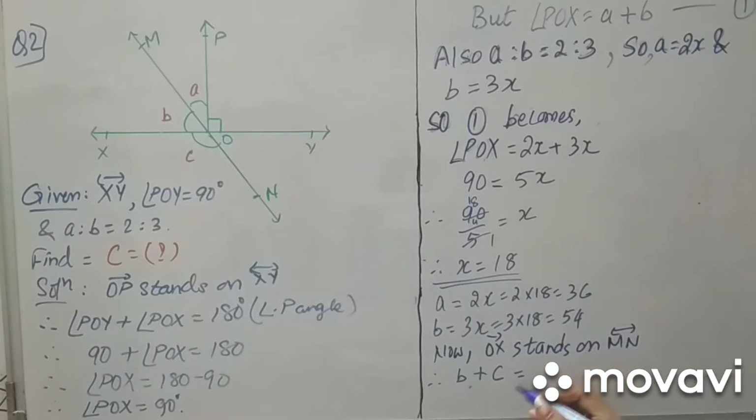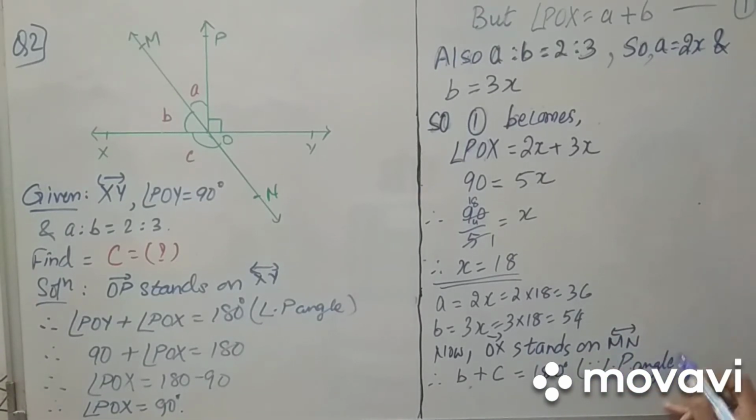So, B plus C is equal to 180 degree because of linear pair angle.